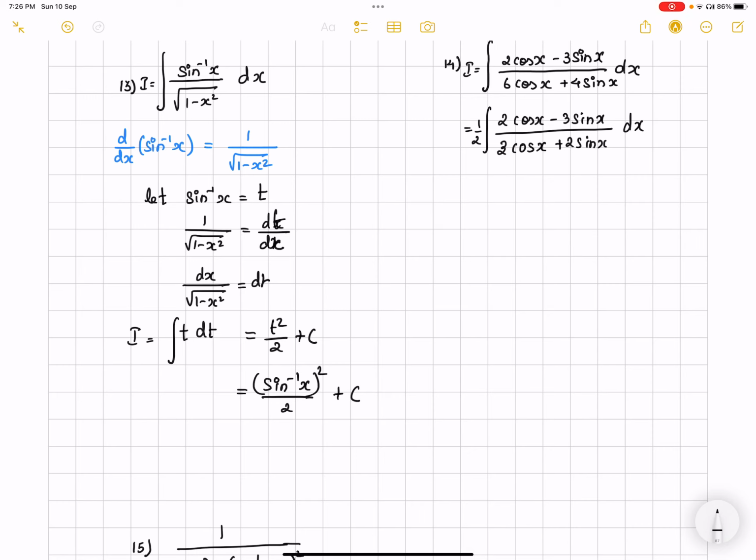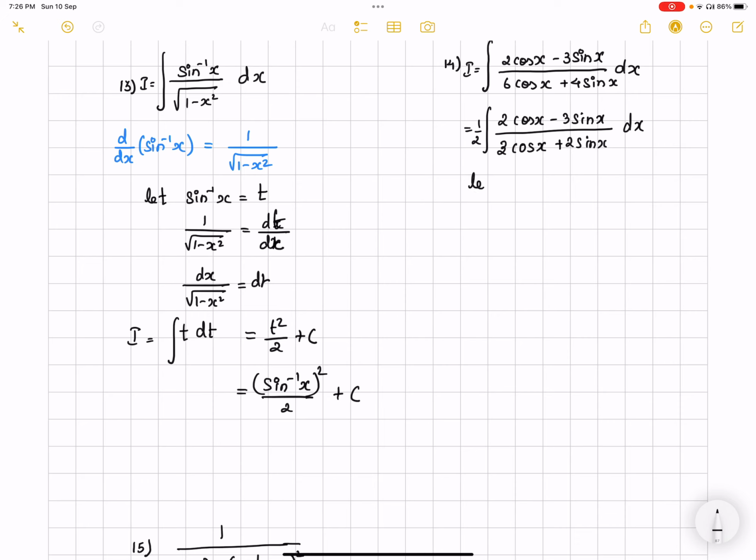Let's check with the denominator itself, 3 cos x plus 2 sin x. When you differentiate cos x, you get minus sin x, so minus 3 sin x. And when you differentiate 2 sin x, you get 2 cos x. Is that your numerator? Yes, then our problem is solved. We found out what we need to substitute.